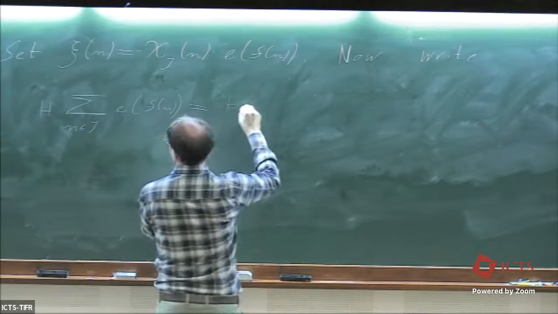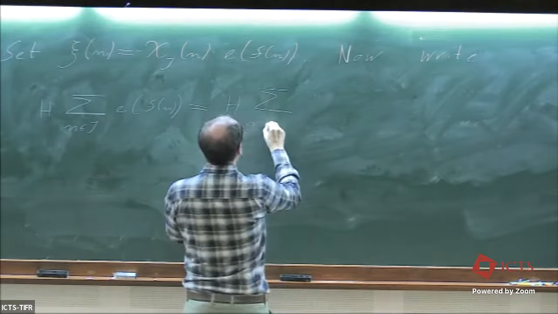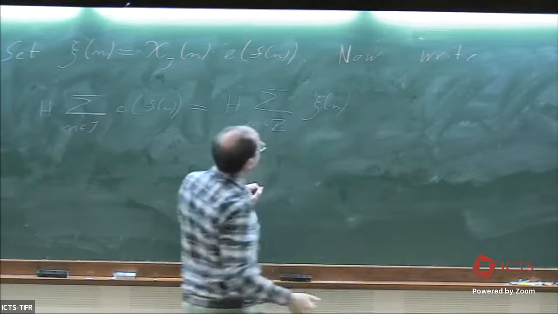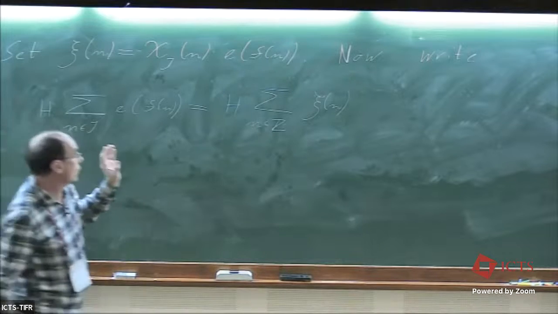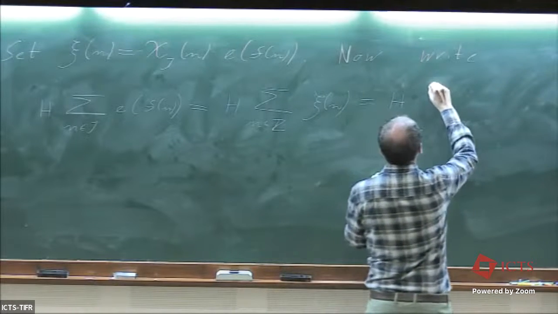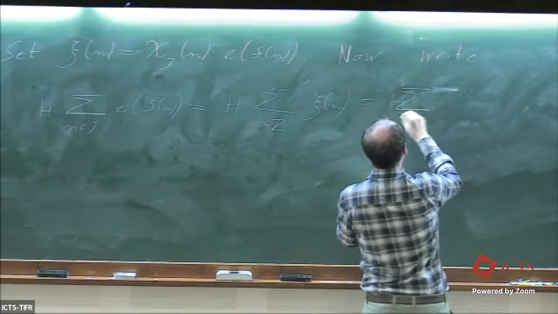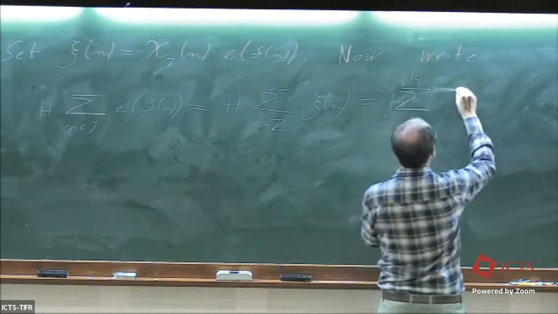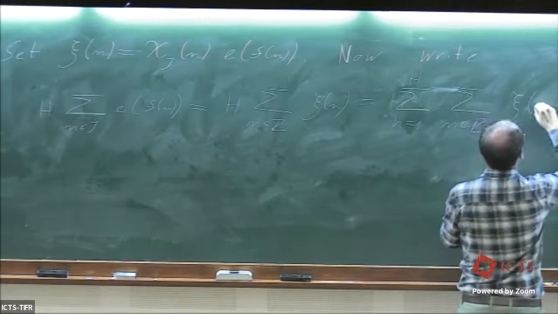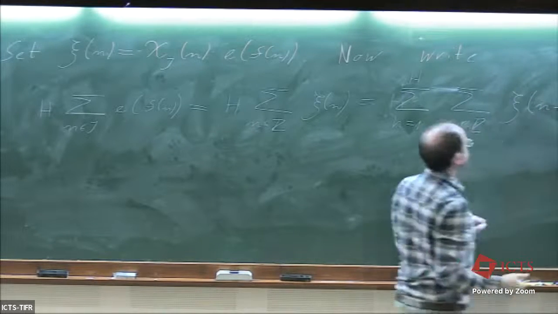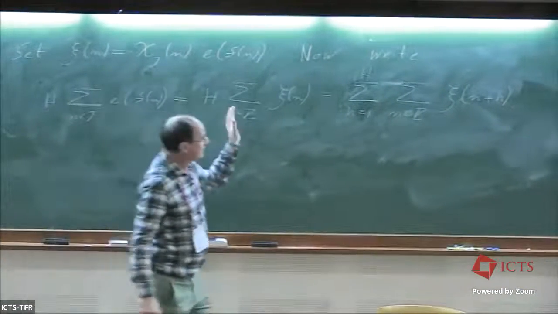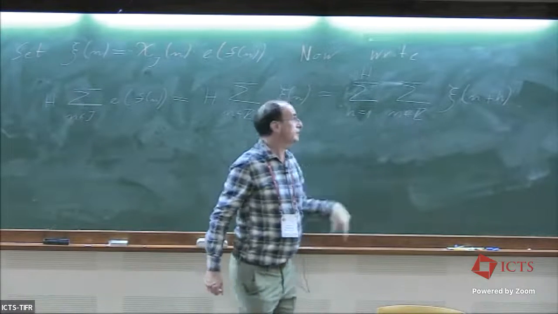So that can be written as H times the sum over n in Z of psi(n). And now we throw in a shift here. So that is the same as the sum over h equals 1 up to capital H, of the sum over n in Z of psi(n+h), just because the integers are translation invariant by shifts by integers.